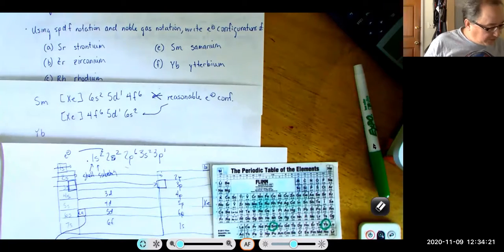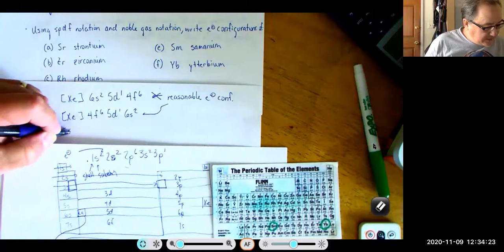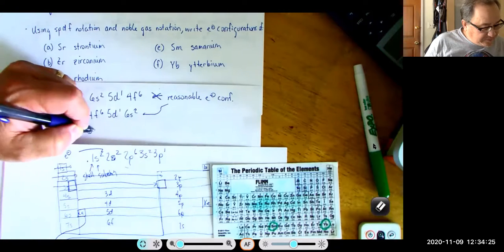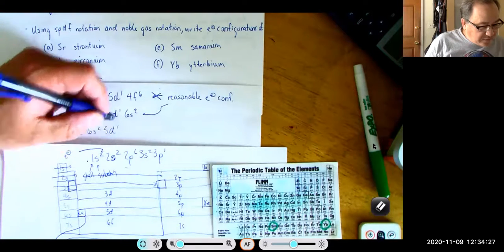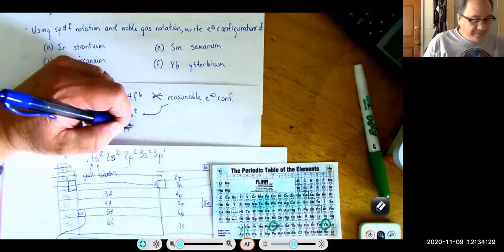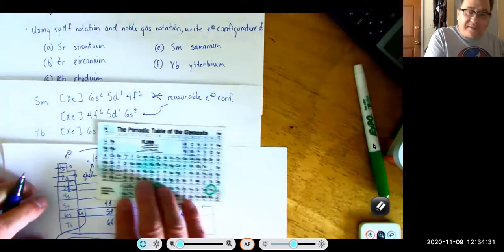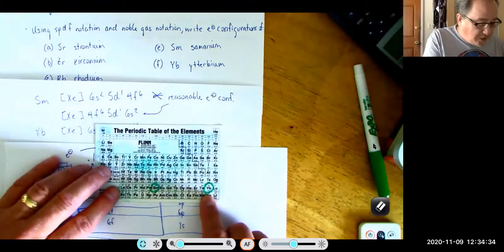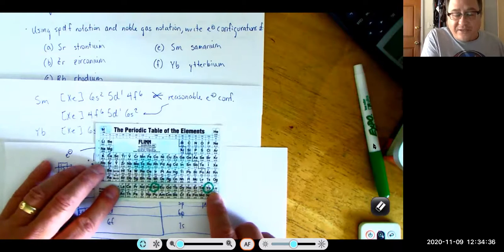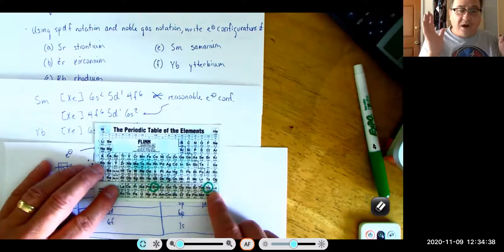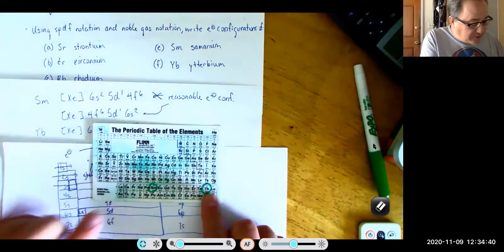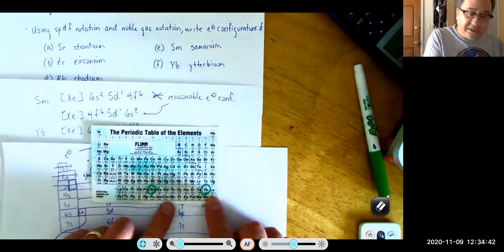Ytterbium. So it's going to be xenon 6s2, 5d1, 4f13. Now, how easy is it for me to see that that's 4f13? Well, I know the last one is 4f14 because it's 14 wide. So rather than go 1, 2, 3, 4, 13, I just go 14, 13.